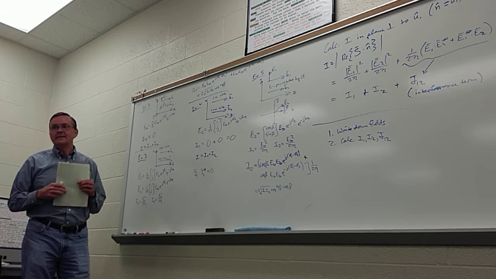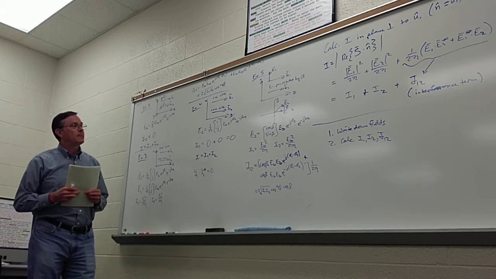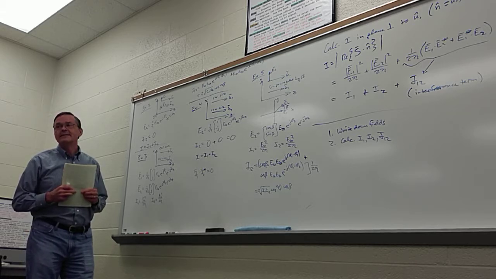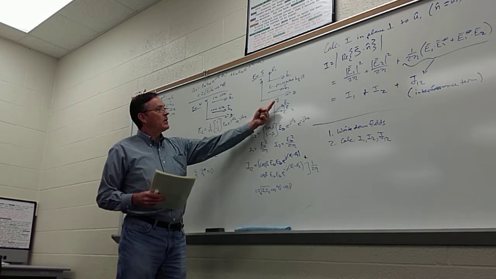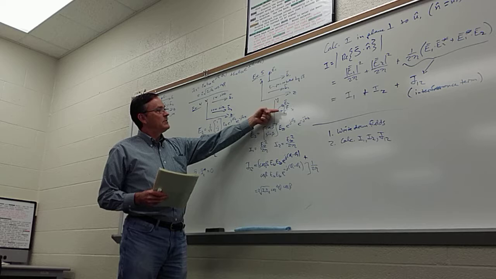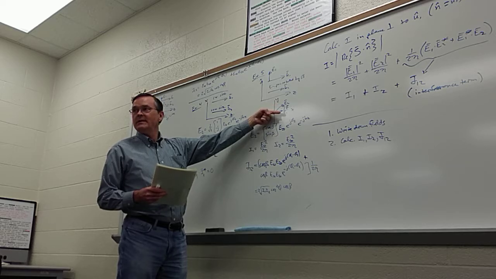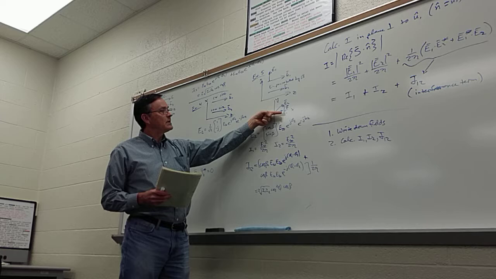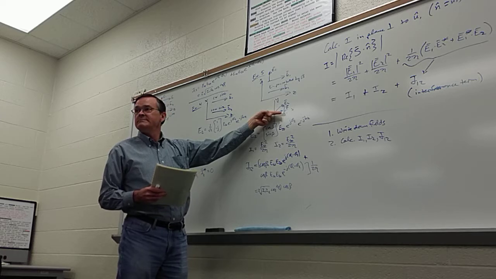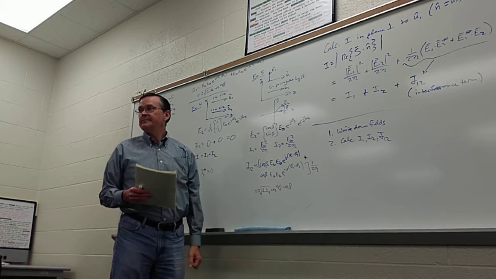It's the component that it interferes with. It's the part of E2 in the direction of E1. That interferes. The orthogonal part does not interfere. So what fraction of this is in that direction? Well, cosine of beta. That's why we have a cosine beta.